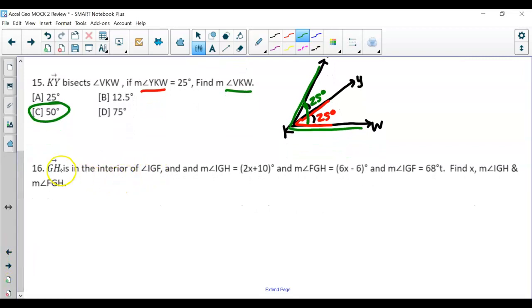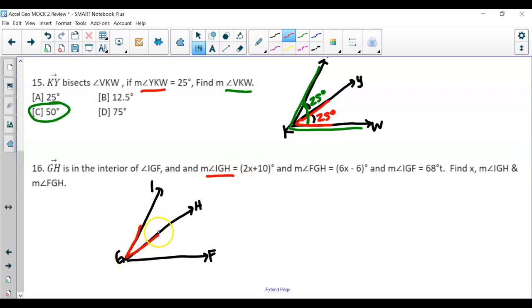Now here, we don't have necessarily an angle bisector. It's just interior. So again, drawing the picture. IGF, and you have GH is inside. Now let's start labeling. IGH right here is 2x plus 10.